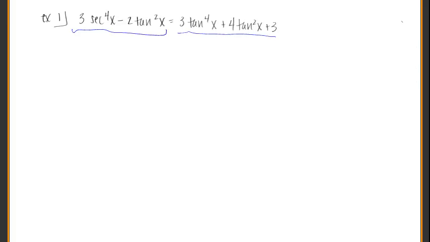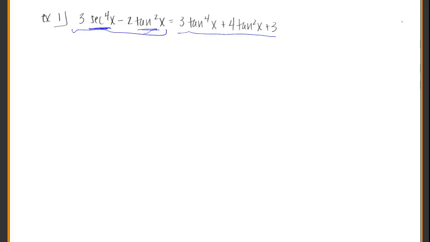Okay? So the first thing I'm going to notice is that on my left, I have the trig functions secant and tangent, and on the right I have all tangents. So my first reaction is I'm probably going to leave the tangent on this term, and I need to replace this secant to the 4th x. Do we have an identity where I can take away secant to the 4th and leave behind a tangent?